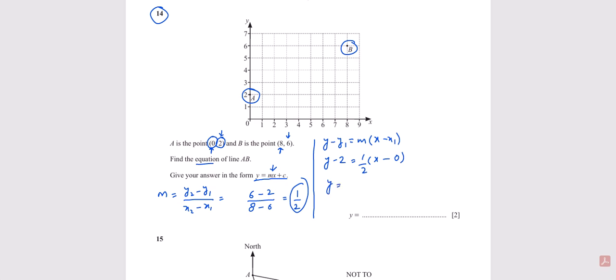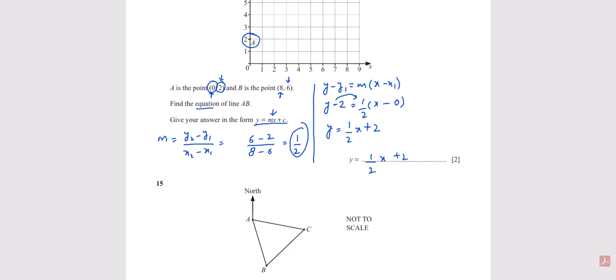So y minus 2 equals 1 over 2 x. Shifting the minus 2 to the other side, it becomes plus 2. So y is equal to 1 by 2 x plus 2. This is our final answer.